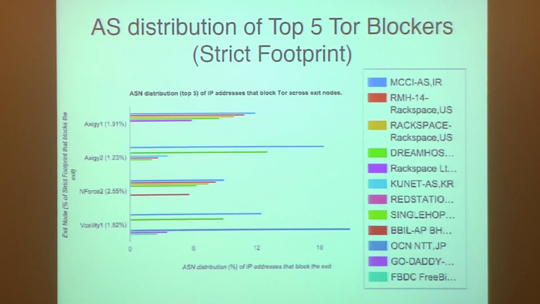However, when we move to the strict footprint, the Chinese backbone ISPs vanish because they're not stable. That part of the internet is not temporally or spatially stable, so it doesn't get included in the strict footprint by and large. What we're left with is mostly more stable ISPs that are doing server hosting.